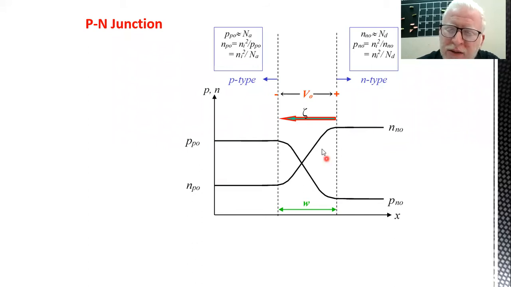And as you can see, we fixed a terminology where the big upper letter indicates the carrier, either electrons or holes, the subscript letter indicates the region, and the node indicates thermodynamic equilibrium. So for the p region, the holes will be called p_p0, where the first p indicates the hole, the second subscript p indicates the region, which is a p-type region, and the 0 indicates thermodynamic equilibrium.